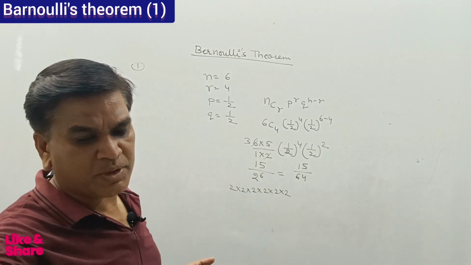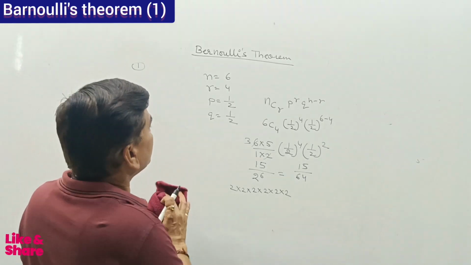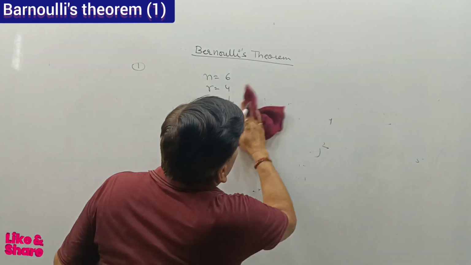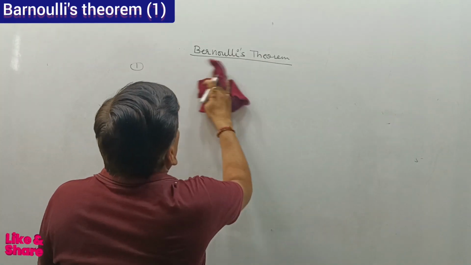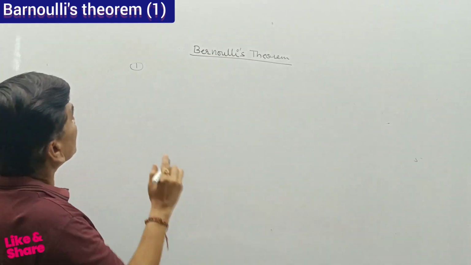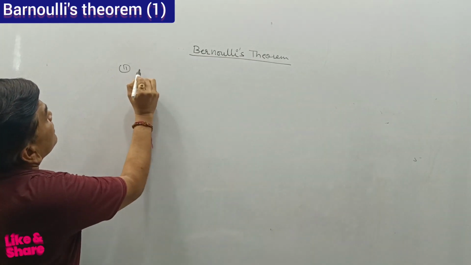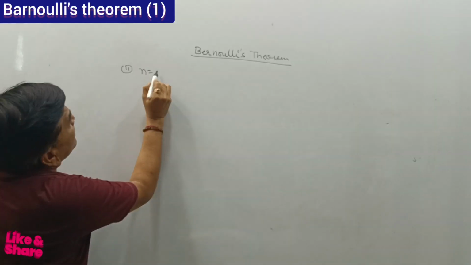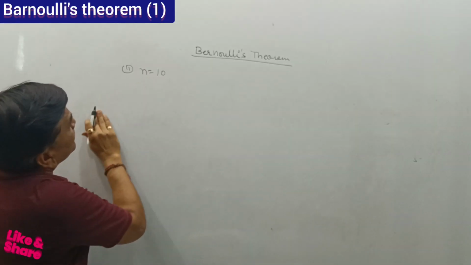We have some more questions related to the Bernoulli theorem. Suppose 10 coins are tossed. Question number two: the number of coin tosses is 10.